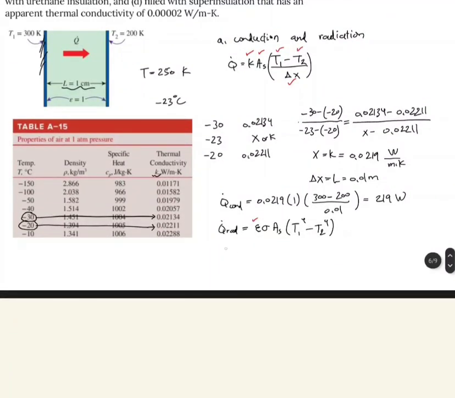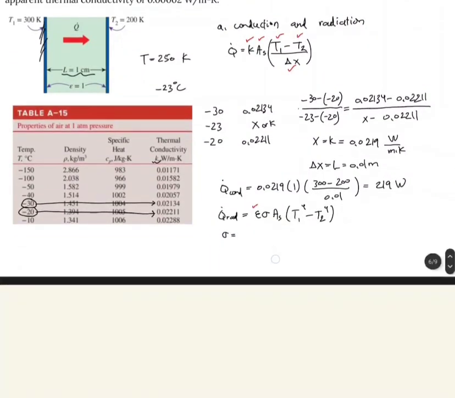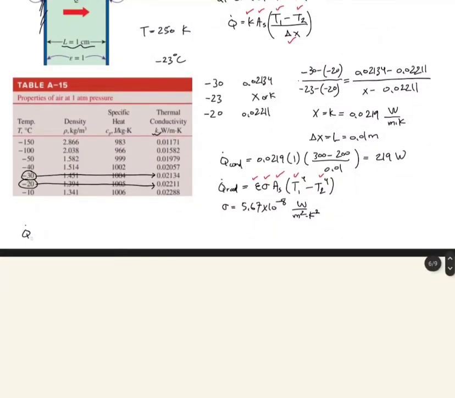And sigma is Stefan Boltzmann's constant, which is 5.67 times 10 to the negative 8. The units are watt per meter squared Kelvin to the fourth. Okay, and we know A, we know T1, we know T2. So let's go ahead and solve for Q radiation.